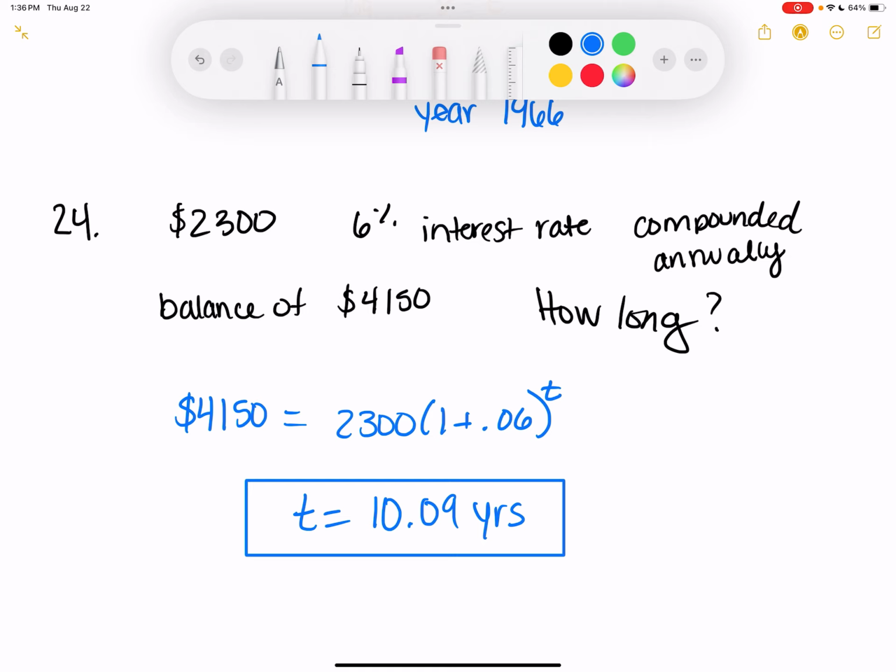Guess so. It's only getting compounded once a year. It's crazy. Remember that if it was compounded quarterly, it would be 4 there. So does that mean he would technically have to wait 11 years? No, he would have to wait 10 years and about 0.1 of a year, so a little over a month.